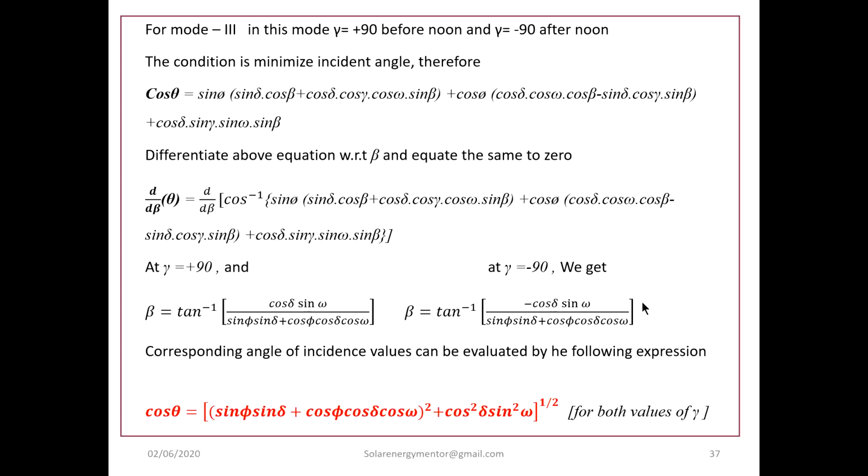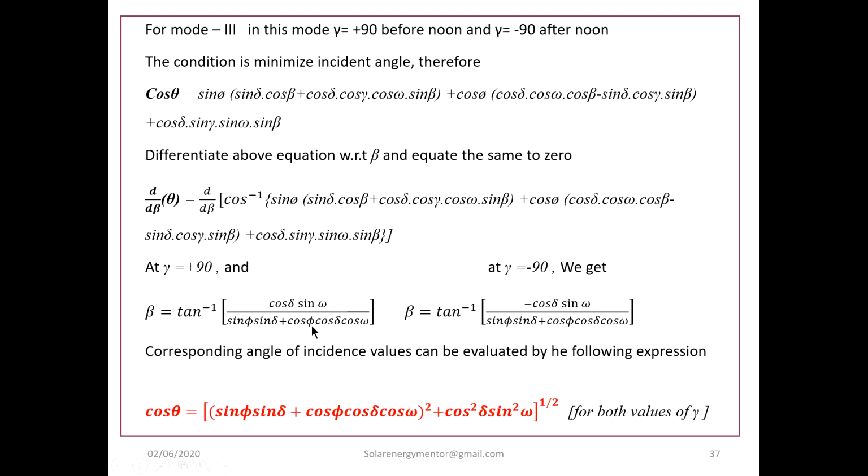Therefore, for gamma, again the same as previous, we have to differentiate theta with respect to beta and equate it to 0 to minimize. So differentiate the incidence angle equation with respect to beta and equate it to 0. If you perform this differentiation, at gamma equal to plus 90, we get beta equal to tan inverse of cos del sin omega by sin phi sin del plus cos phi cos del cos omega.